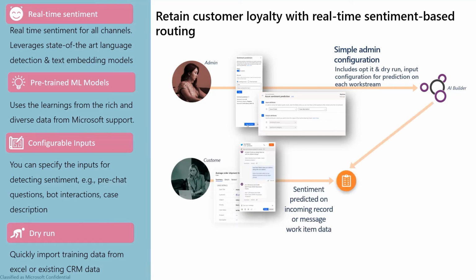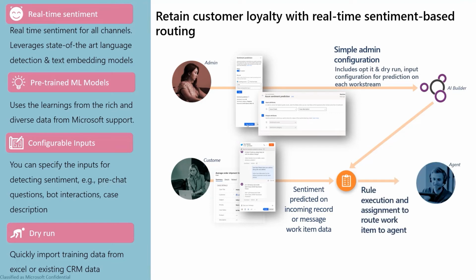When the work item comes, the sentiment predicted on the incoming record or message or phone call is detected by the ML model. That information is used for routing and assigning the work to the right agent. For example, you can say that if the sentiment is too low, the work must go to the most proficient agent who has been handling these kinds of issues in the past.